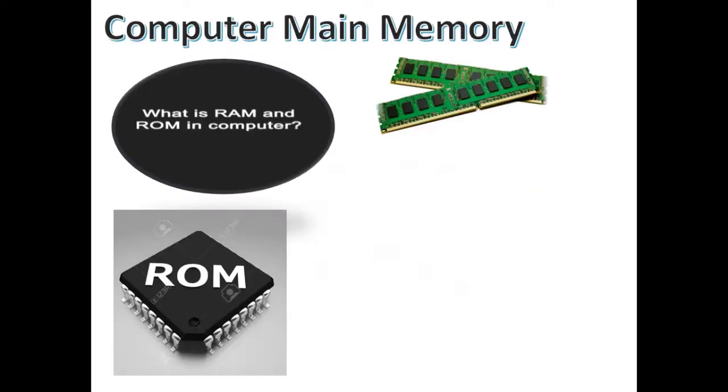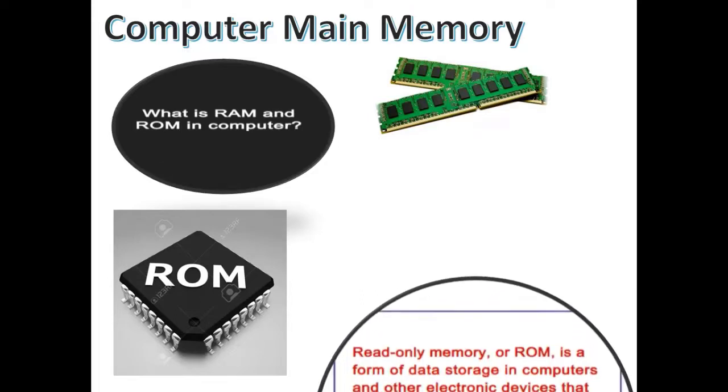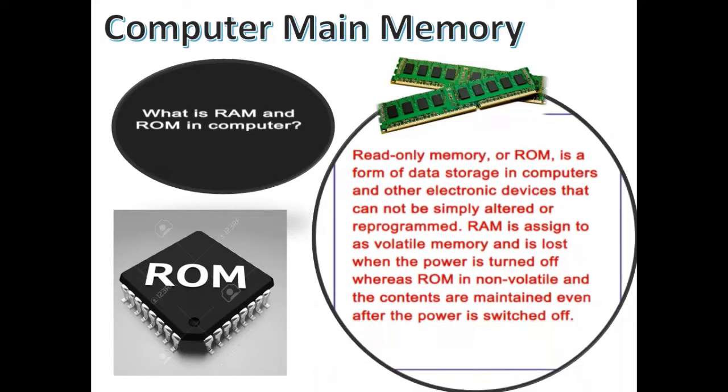And we talked about the computer main memory, and we said the computer main memory is the RAM and the ROM, and we explained the difference between them. The RAM is a volatile memory. It means that it loses the information and the data stored on it once the computer is turned off.